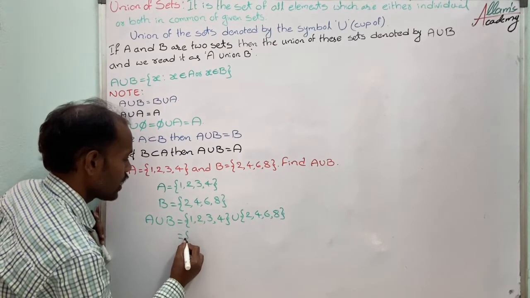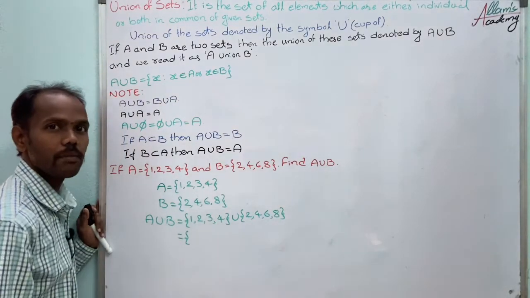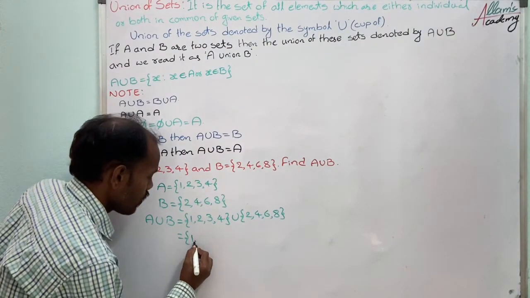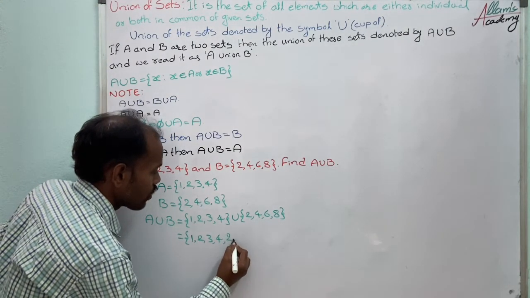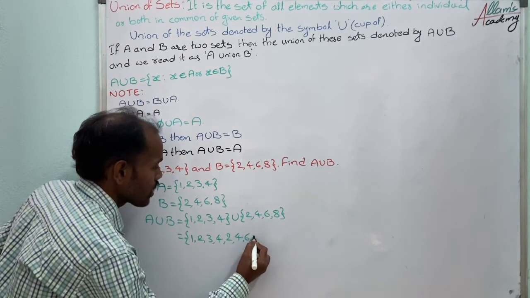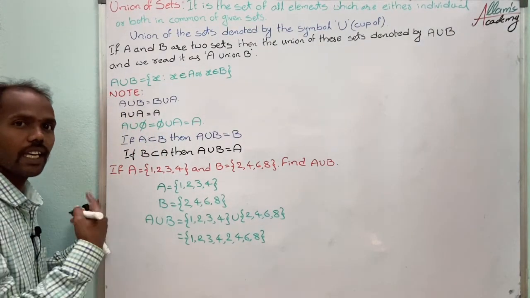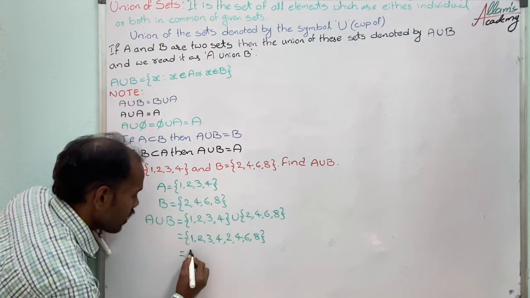We already said union means we write all the elements contained in both sets. So 1, 2, 3, 4, 2, 4, 6, 8, and if any element is repeated we take it once only.